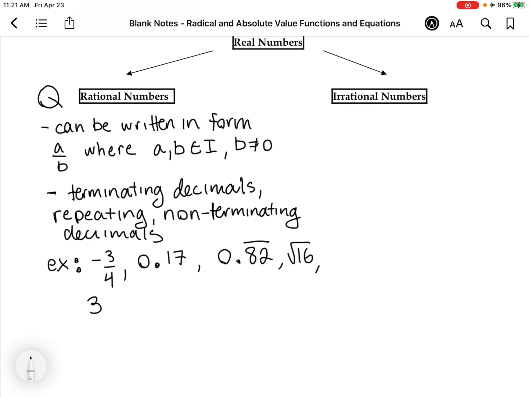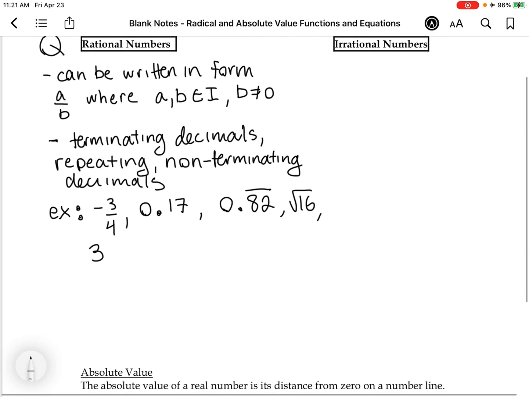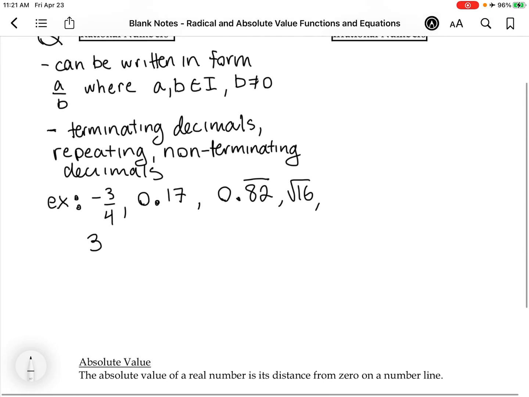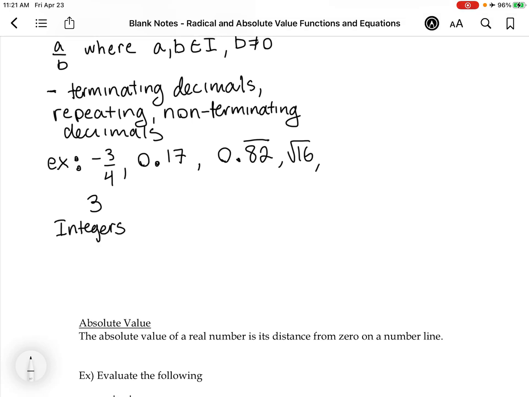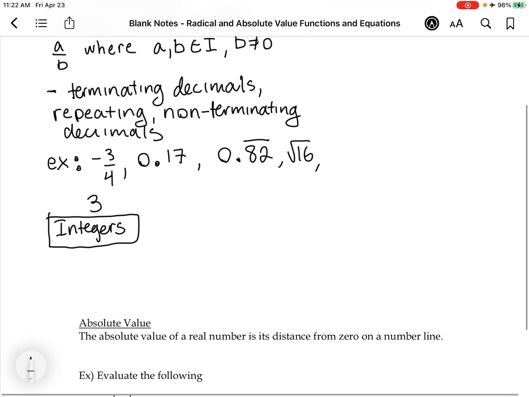Okay, now the rational numbers can be broken up into some smaller categories. And there's 3 smaller categories. The first one, this is the largest of the 3 smaller categories, is called the integers. Okay, and there's 2 symbols that are commonly used for the integers. One of them is I, and the other one is Z. And integers are basically positive and negative whole numbers.